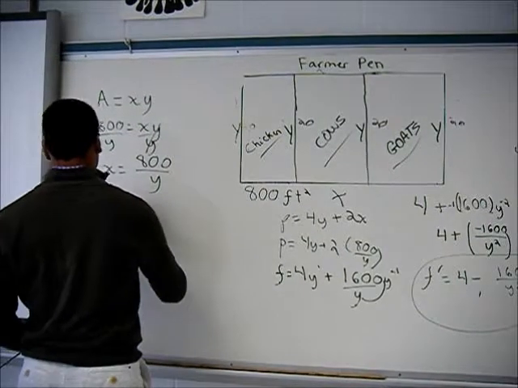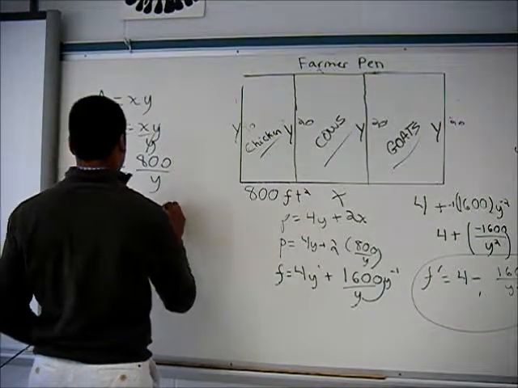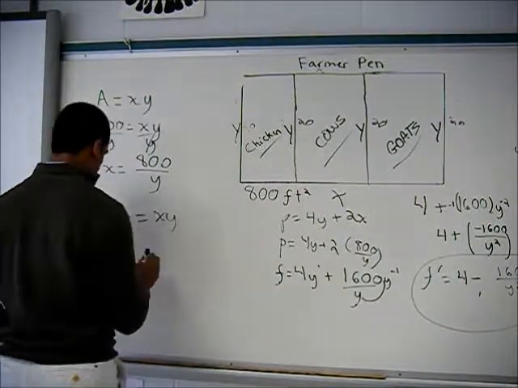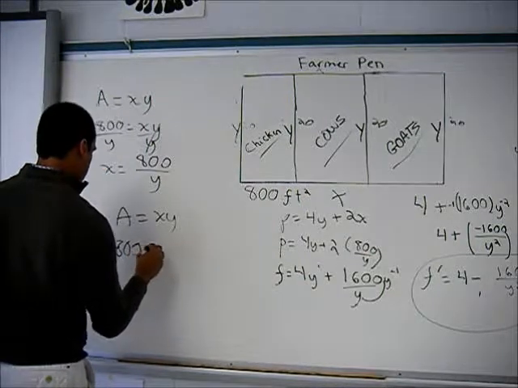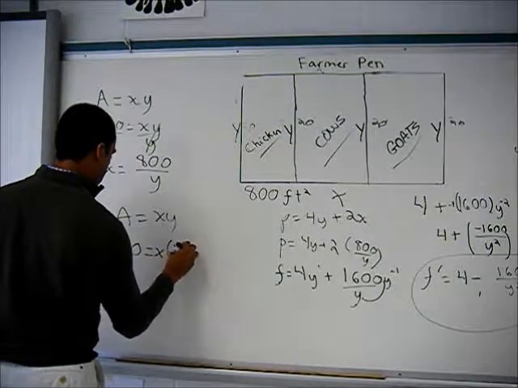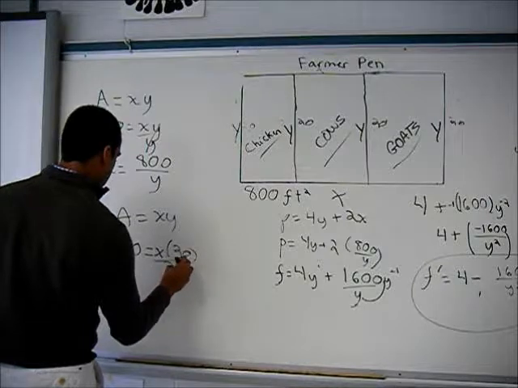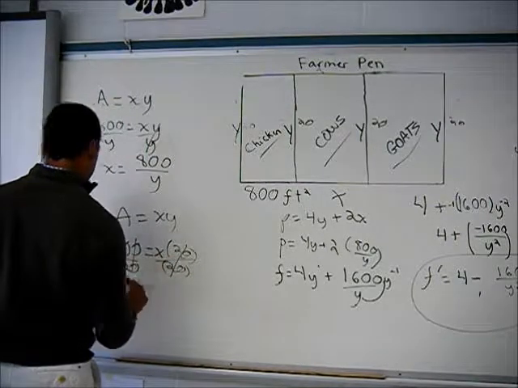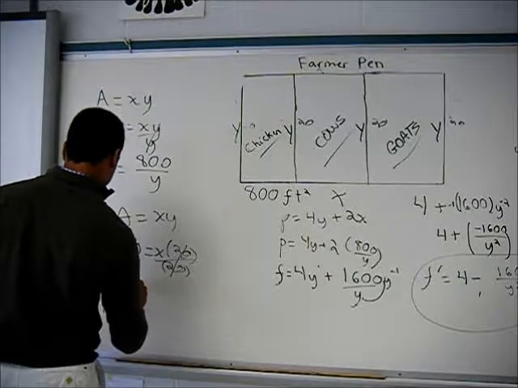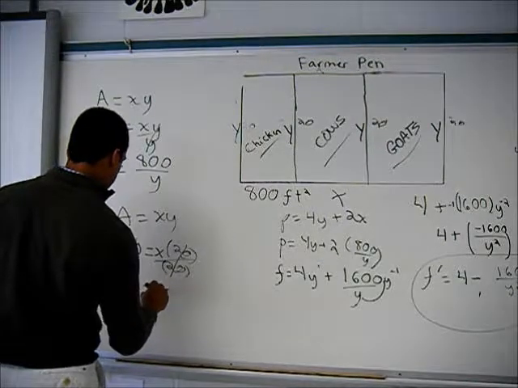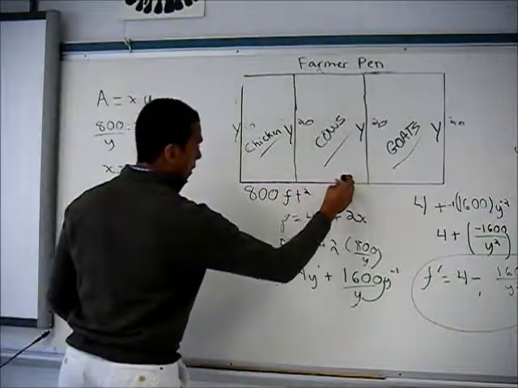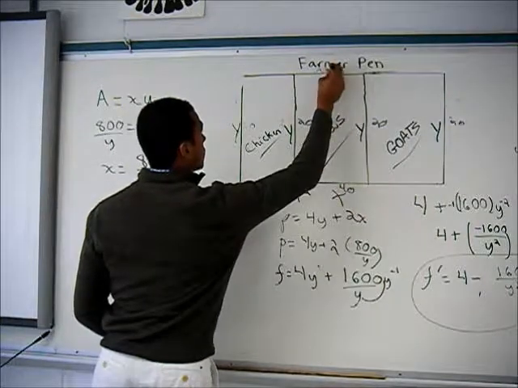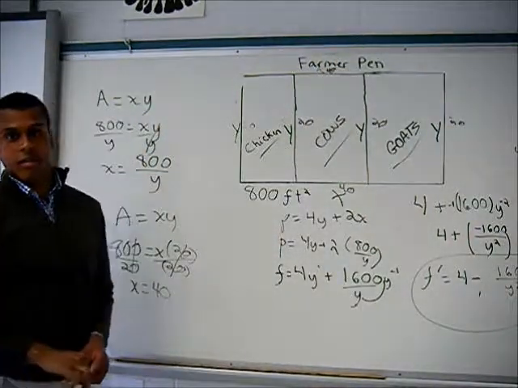So area equals xy, 800 equals x times 20. And x equals 40, and those are the dimensions. Awesome. Fabulous. Okay. That was beautiful. Awesome.